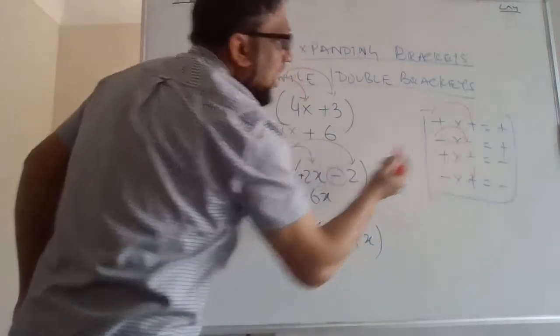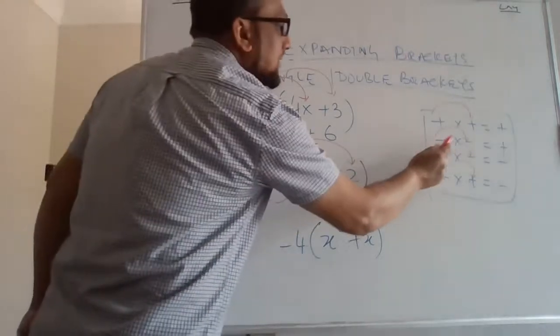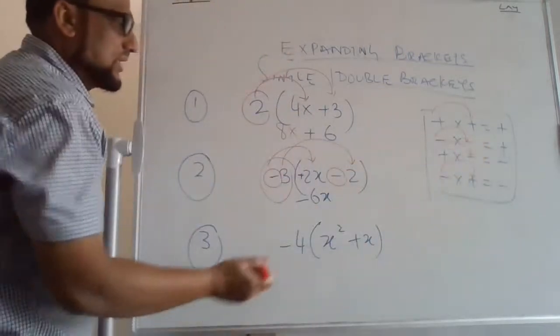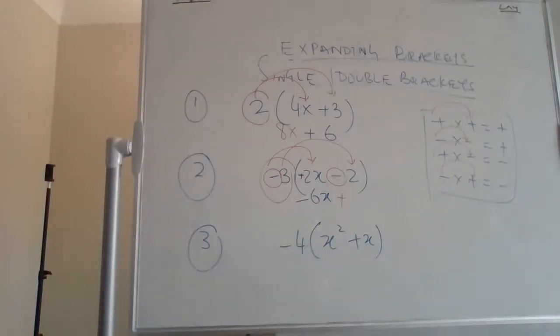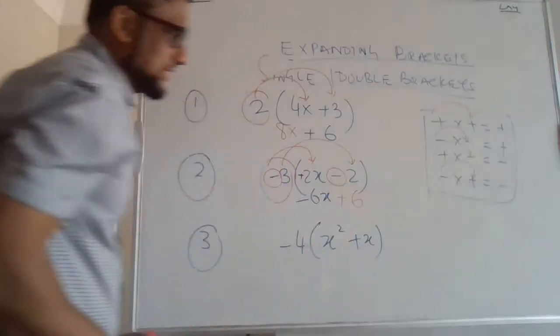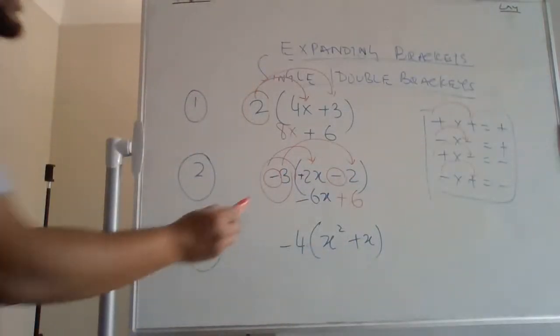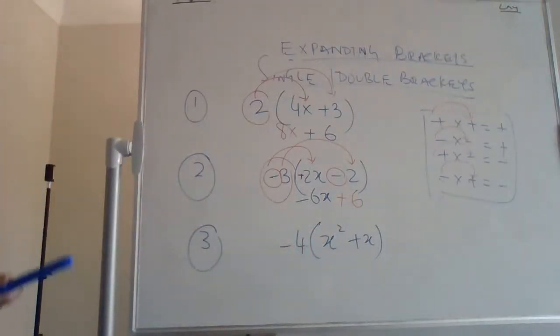Go to our rules here. The sign is going to be changed. Minus times minus, so it means it's going to be changed to plus, this is very important. And 3 times 2 is 6. So your final answer is minus 6x plus 6.